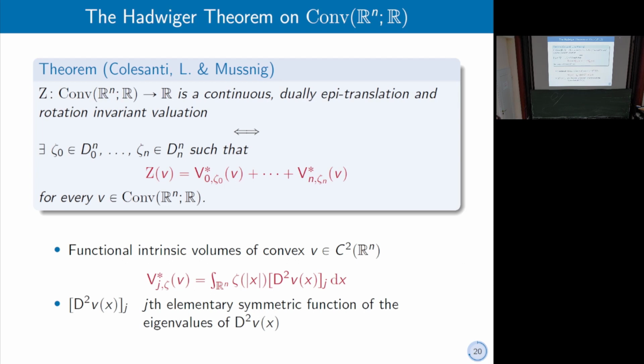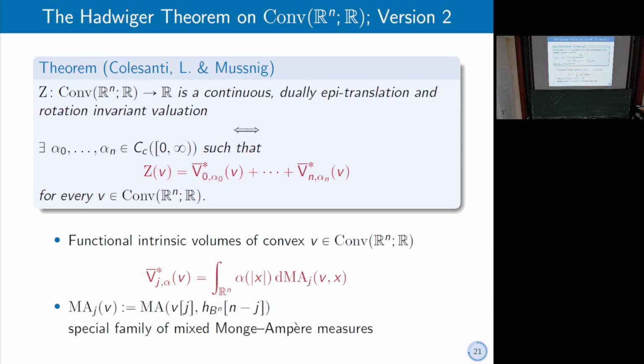And this can be rewritten also using a different approach. You can write this through such integrals. So this is a different way to write the functional intrinsic volumes. So before we had the Hessian measures, we had this j-th elementary symmetric function of the eigenvalues of the Hessian.